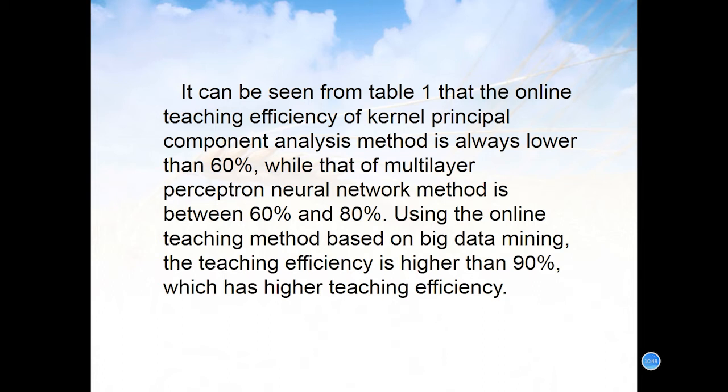It can be seen from Table 1 that the online teaching efficiency of the kernel principal component analysis method is always lower than 60%, while that of the multilayer perceptron neural network method is between 60% and 80%.